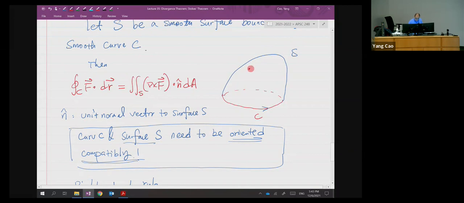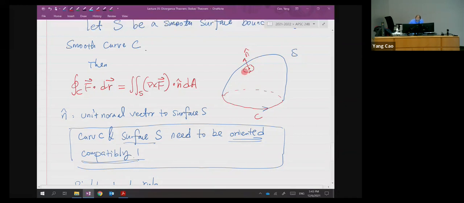If I pick a point on this surface S and draw a very small circle, imagine that's a patch of the surface S. The n hat has a right-hand rule, so you can use your right hand to curl up your fingers over this small curve, and the thumb is the direction of the n hat.